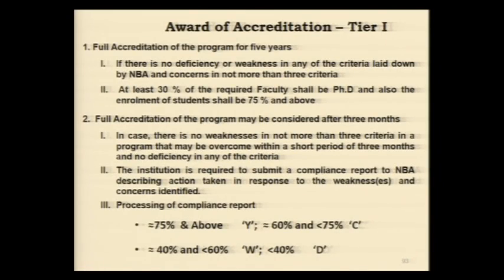So if a program scores 60 to 75, then this is a concern. If the program scores 40 to 60%, then there is a weakness, and if a program scores less than 40%, then it is deficient. In real sense, the number should not be there. For example, in our car, if the engine is not working, it is directly a deficiency.